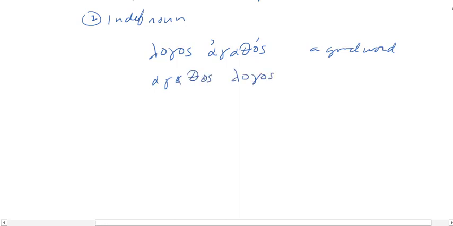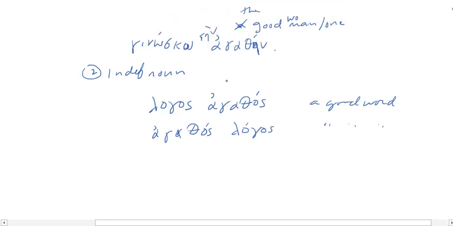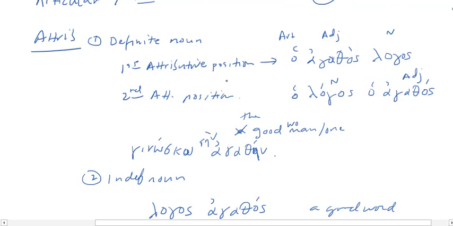I could have it in first attributive position. Agathos logos would still be translated as a good word. By the way, I'm translating it this way because I'm assuming here that we're talking about attributive adjectives.